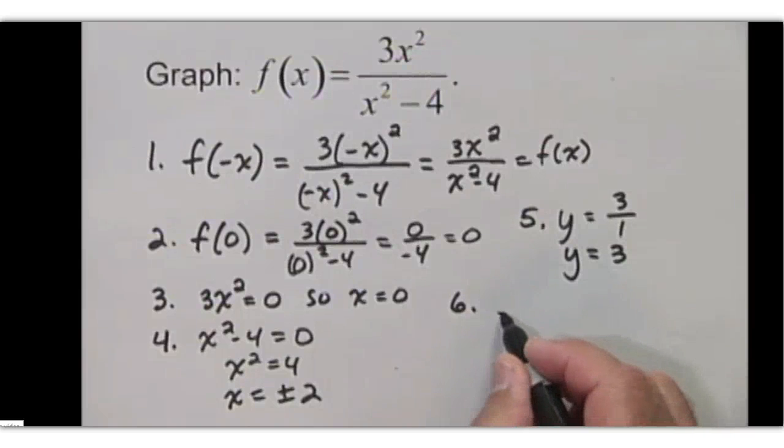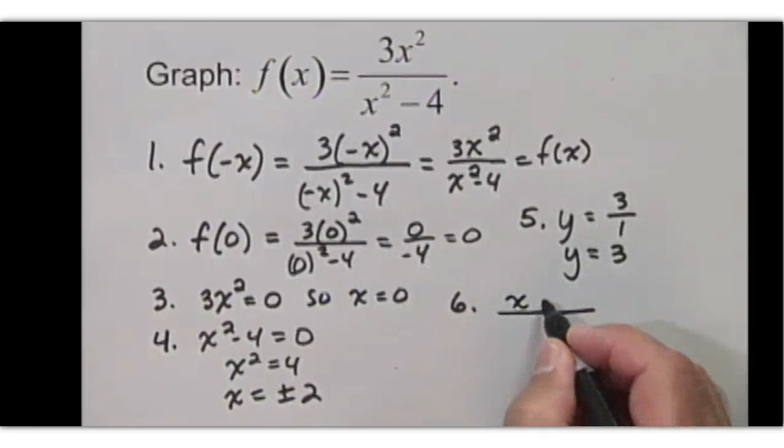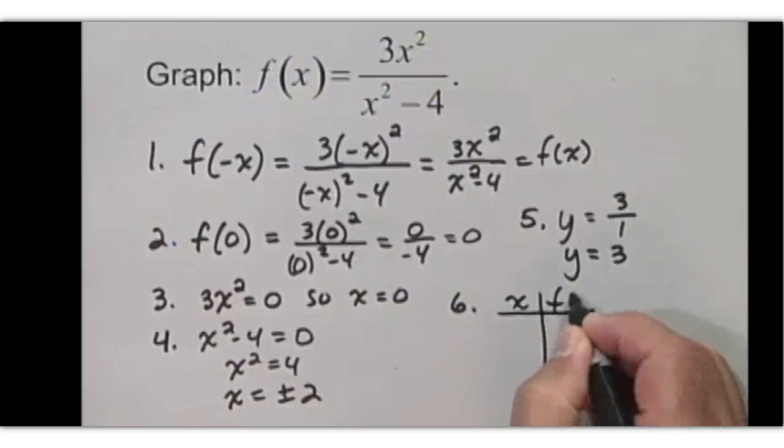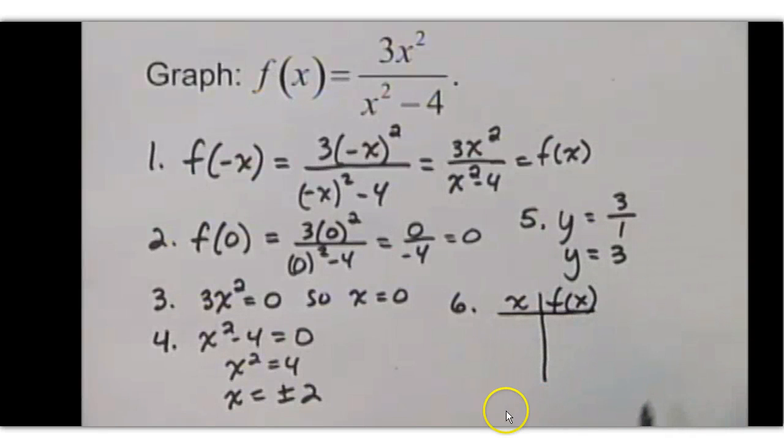I'll make a table. Negative 3 would be beyond x equals negative 2. I select values of x, and we evaluate f of x. And remember, this is our typical t-chart, where this is the x and the f of x is y.